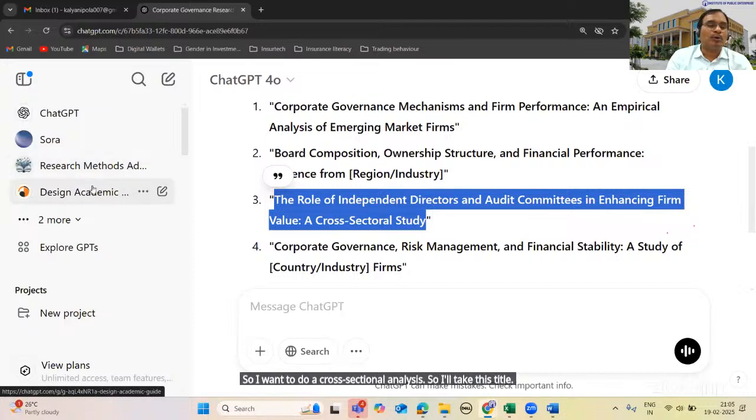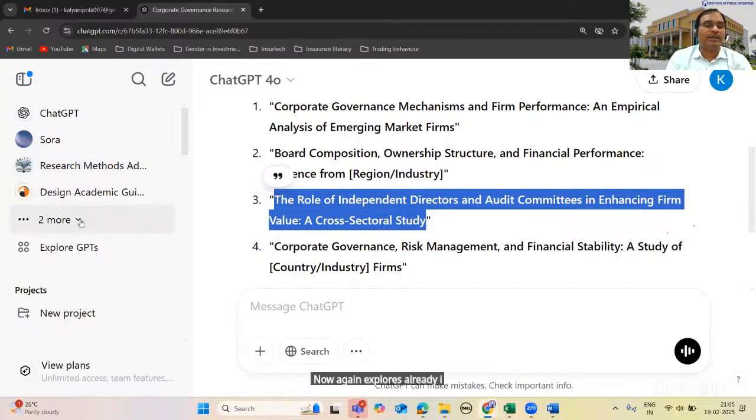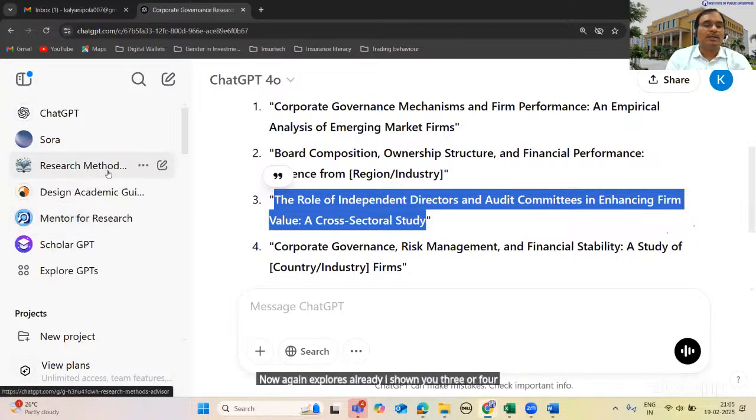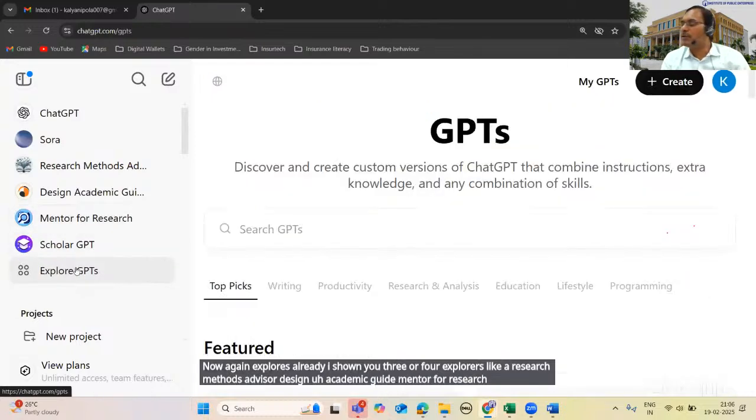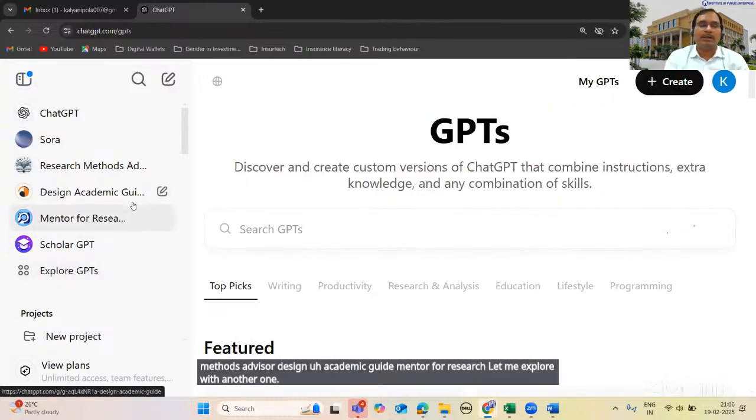Now again, explores. I already showed you 3 or 4 explores, like research methods advisor, design academic guide, mentor for research. Let me explore with another one, research methodology.